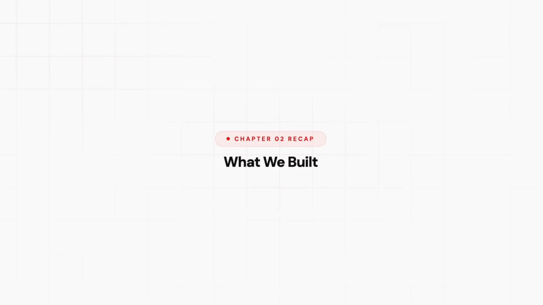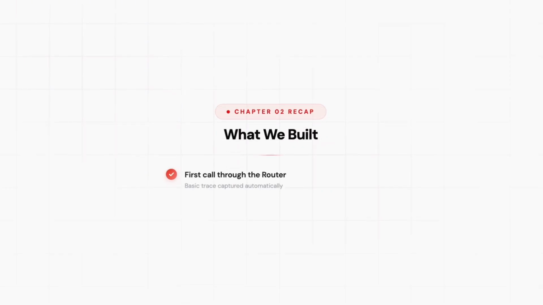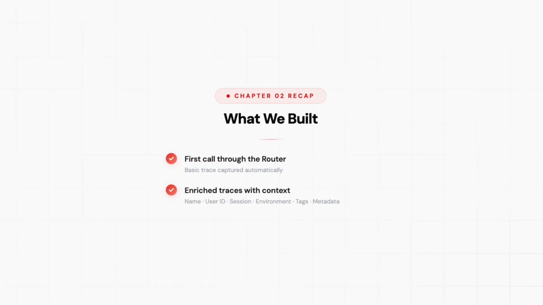So let's recap what we've accomplished in this chapter. We made our first call through the router and saw how a basic trace is captured automatically. Then we enriched that trace with meaningful context: a descriptive name, user identification, session grouping, environment separation, tags, and metadata.